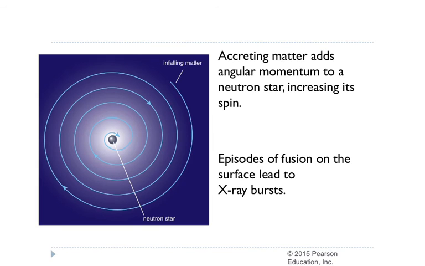And so the accretion matter here, and this slide was actually in the wrong place before, this is where it should be. So the accretion in that neutron star spins extremely, extremely fast, and it causes episodes of fusion, and so it leads to these X-ray bursts.